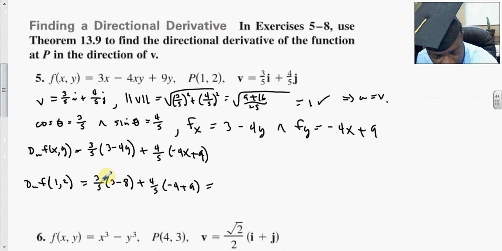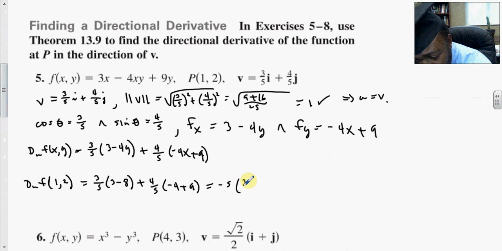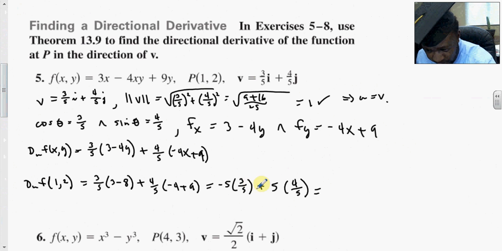So we get negative 5 times 3/5, and then this is plus 5 times 4/5. So we get negative 3 plus 4. It just gives us 1.